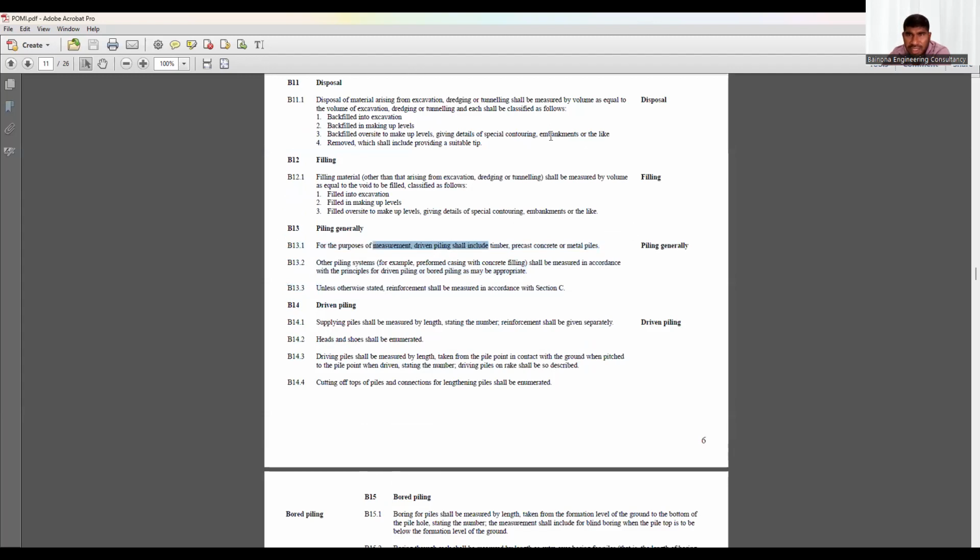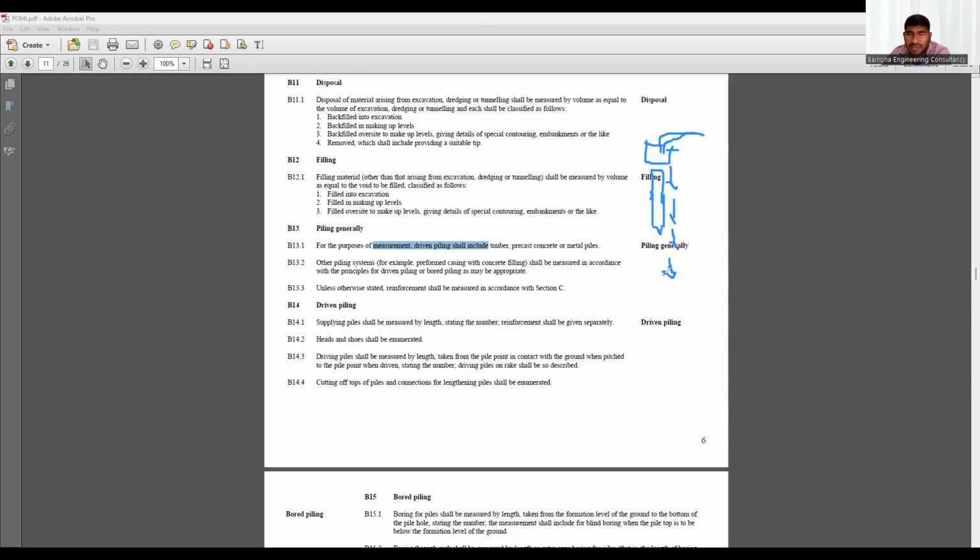What they do here, they just bring a pile like this. It can be timber or metal or whatever it is. They hammer it with the hammer, and then they drive the pile inside. This is called a driven pile.